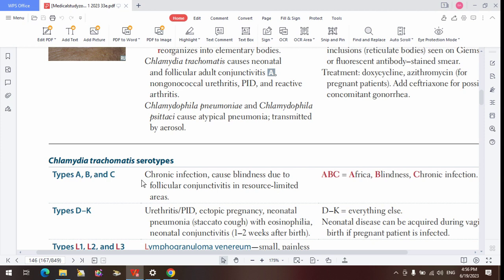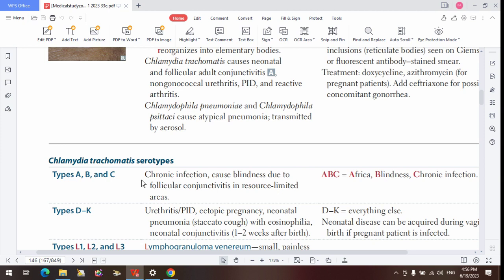So I think that's the reason why the cough has that honking tone. So staccato cough.